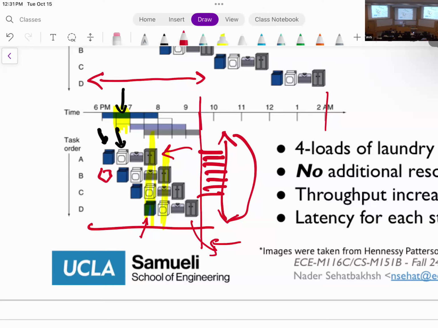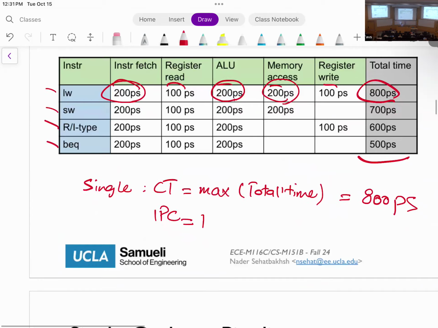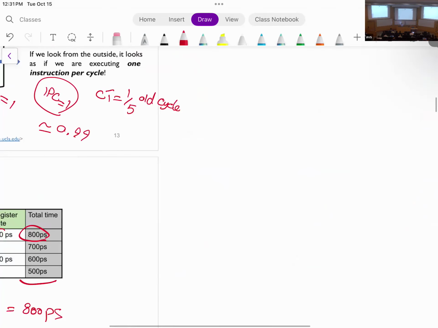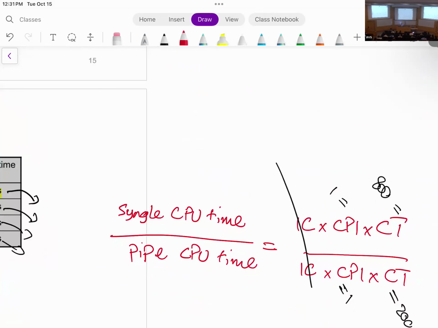So in other words, my IPC is also equal to 1. So now I'm basically just plugging the numbers into my equation. The ICs are the same, the CPIs or IPCs are the same. The only difference is the cycle time. One is 800, the other one is 200. That's why I get 4 times faster. Make sense?